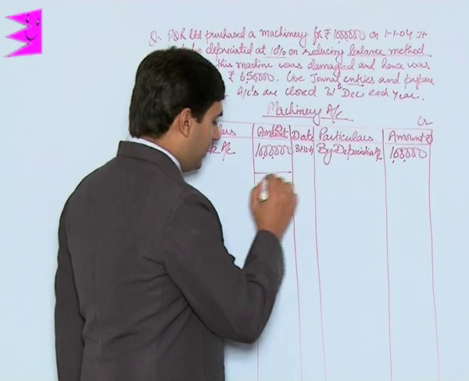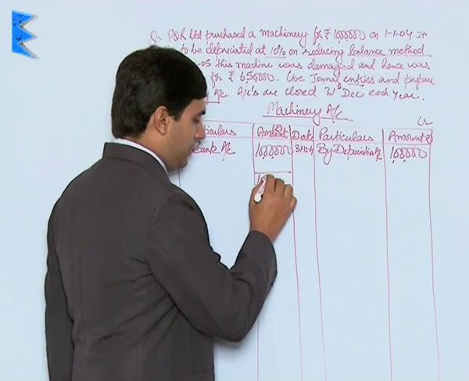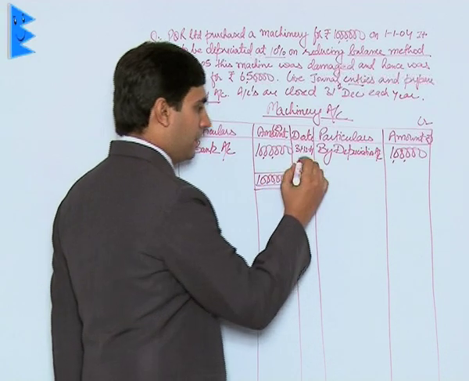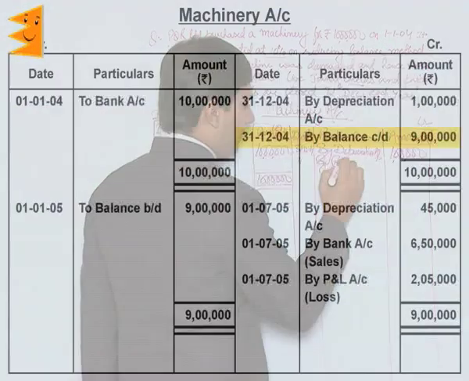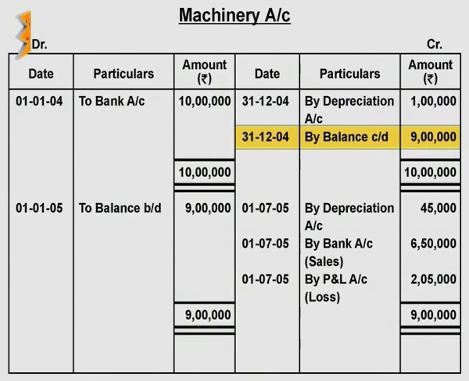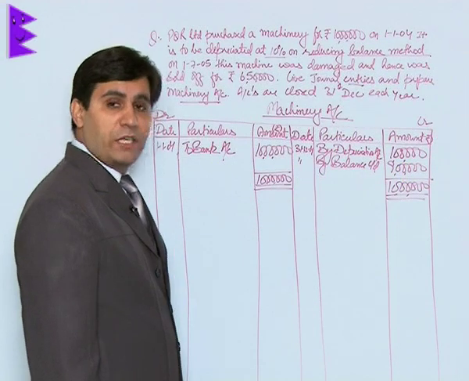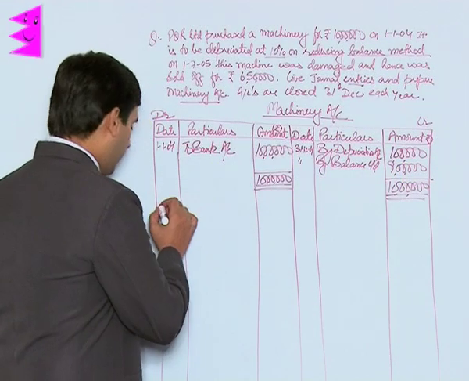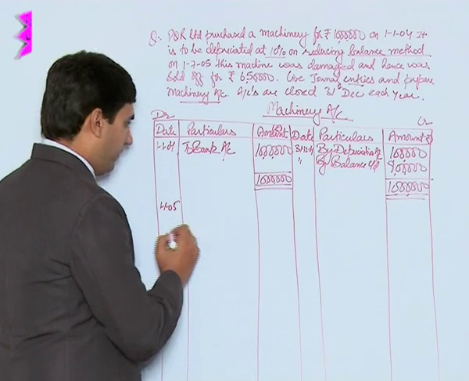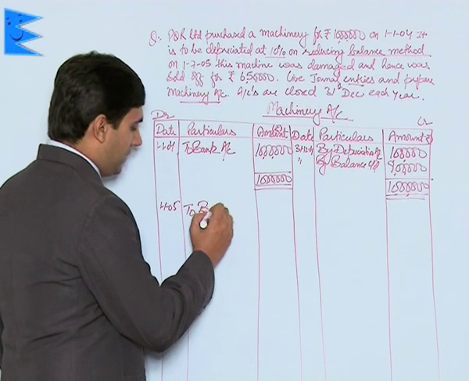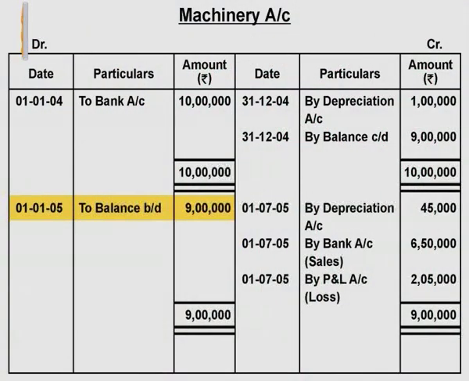Now at the end of this year, we'll calculate the balance. 10 lakh minus 1 lakh, it would be by balance carried down rupees 9 lakh, and the total is rupees 10 lakh on both the sides. This closing balance for year 2004 would be brought down as opening balance in year 2005 and would be posted as to balance brought down 9 lakh.